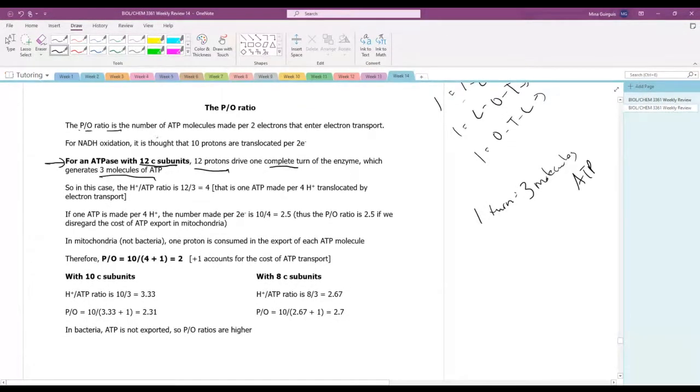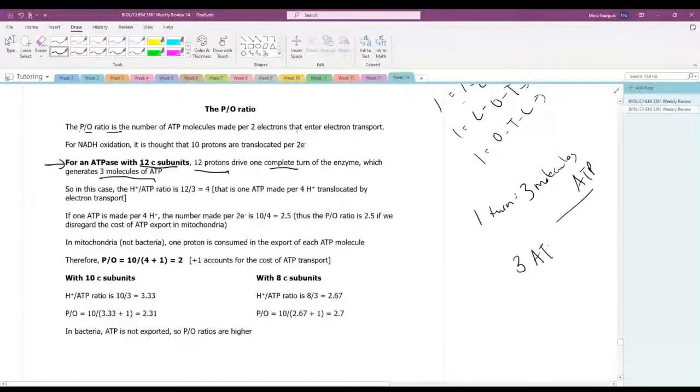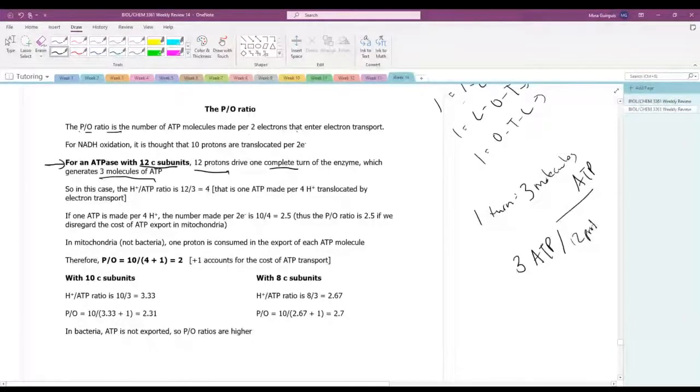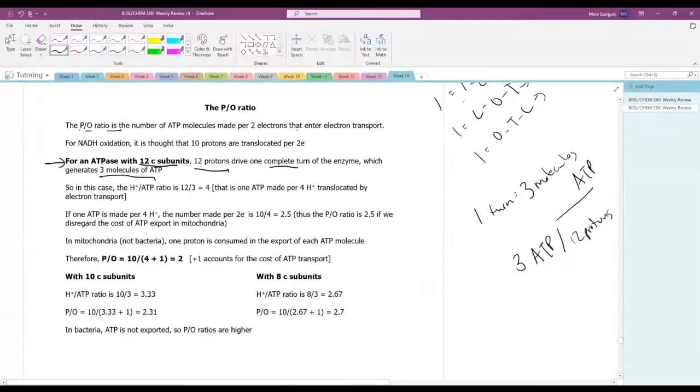Where am I? Sorry, I got lost. The number of ATP molecules made per 2 electrons. Well, we have 3 ATP per 12 protons. That doesn't help us too much. But when we look at the second bullet point, now we're getting somewhere.